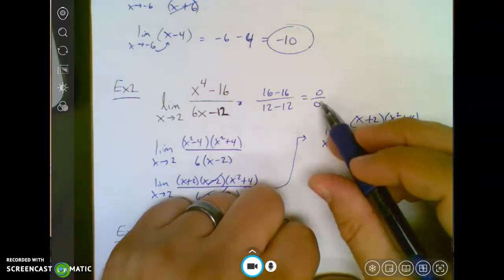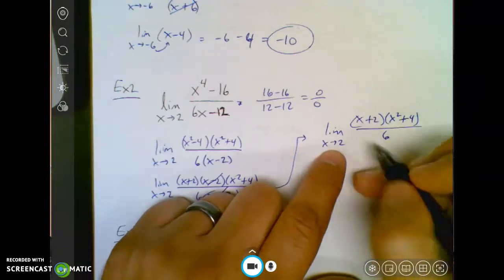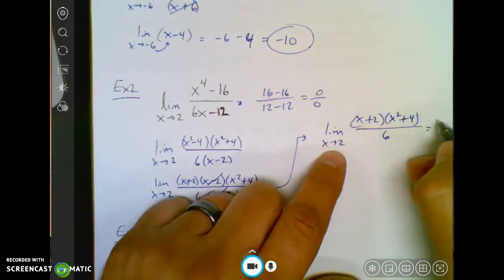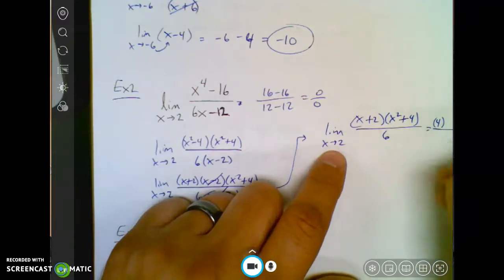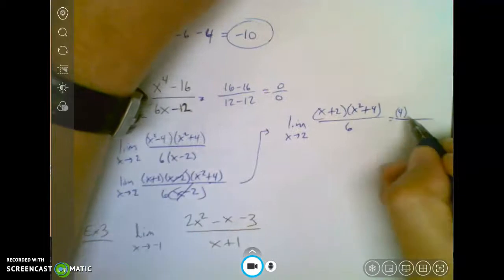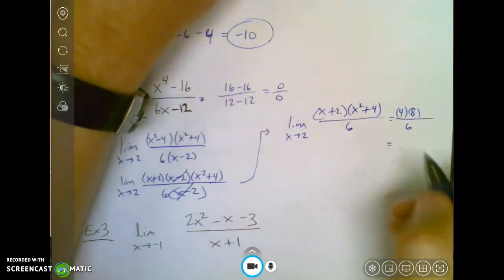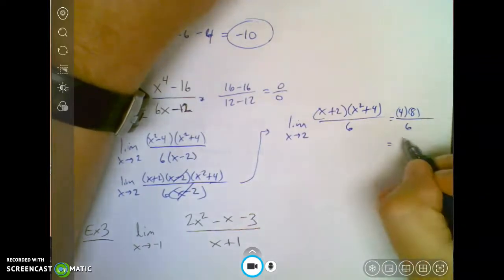Because it was 0 over 0 before. Let's see if it still is. So I plug a 2 in there, and I get 4 times 2 squared is 4. So 4 plus 4 is 8. The bottom is 6. So 4 times 8 is 32 over 6.